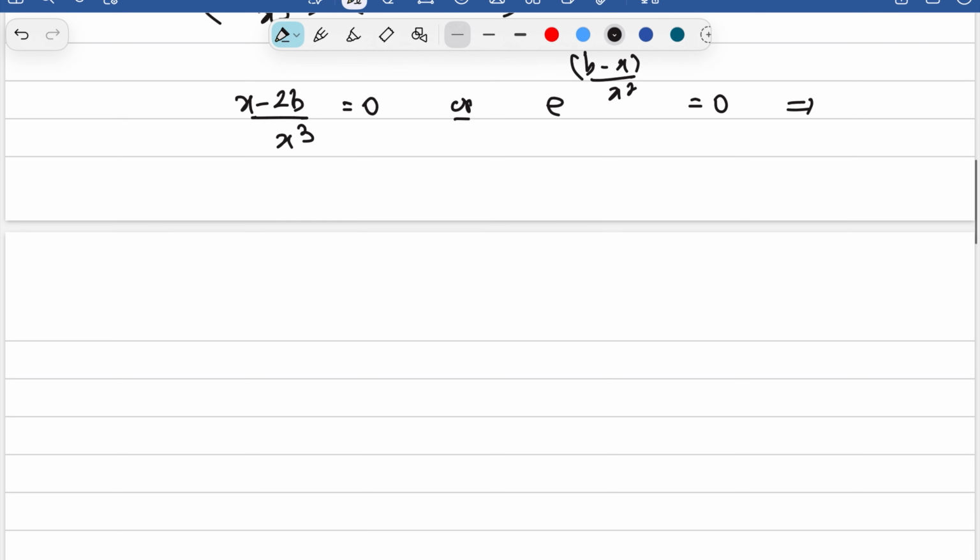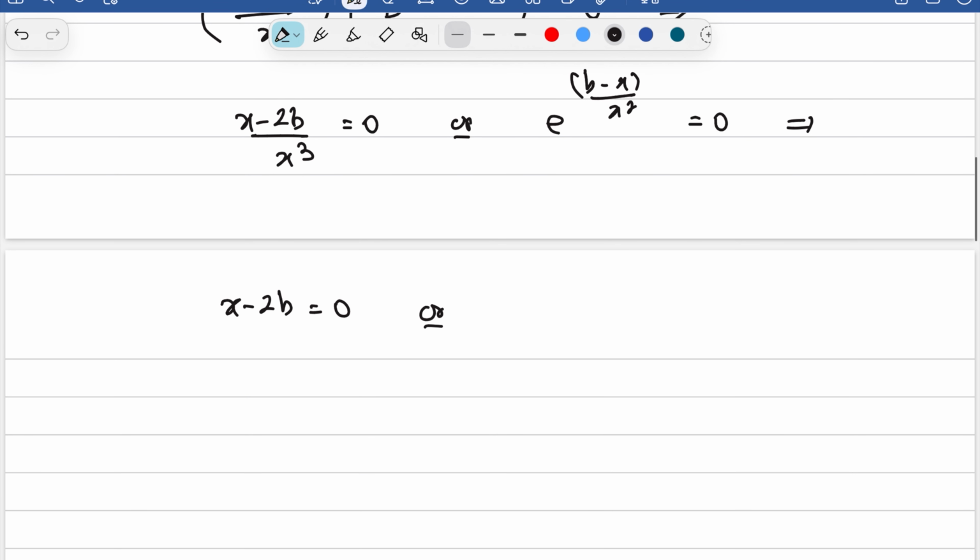That implies x minus 2b is equal to 0 or (b minus x) by x square into ln e to the base e is equal to ln 0 by taking logarithm on both sides. Ln 0 is undefined, hence this can be struck off.